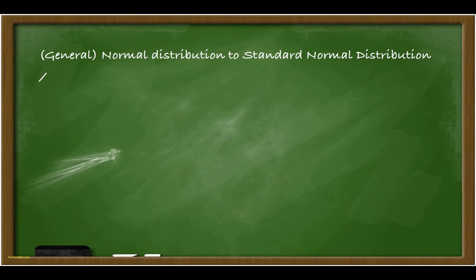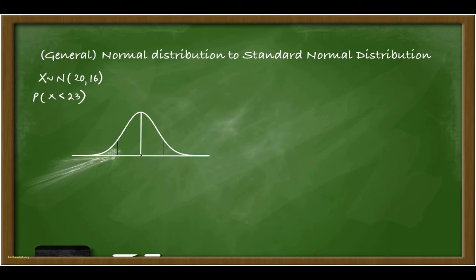Suppose we have a random variable x that follows a normal distribution with mean 20 and variance 16, and we have to find the probability that x is less than 23. If you visualize the situation, we have mean 20, and if variance is 16, the standard deviation is the square root of 16, that is 4.